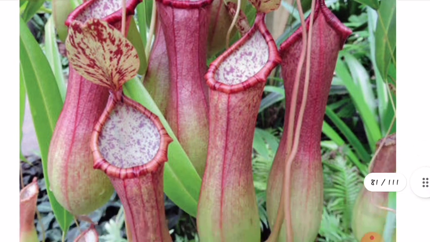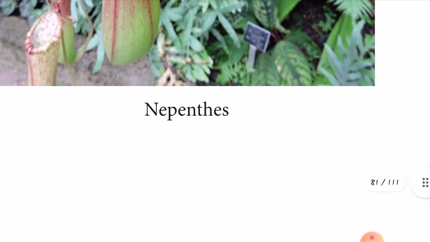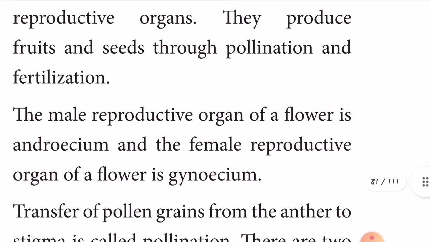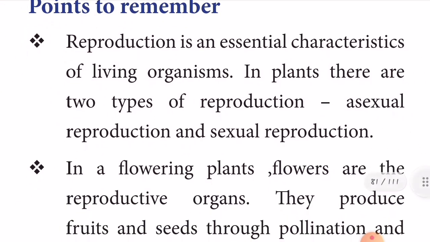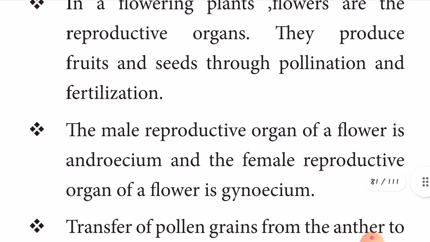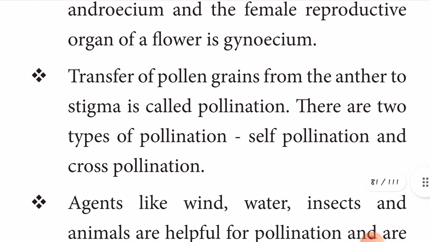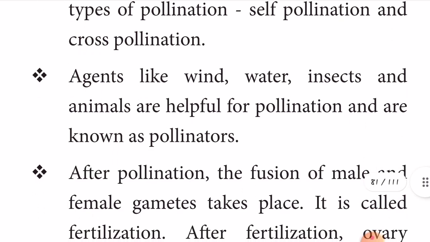Here the lesson is over, children. Now let's move to the points to remember. Already different definitions are given: reproduction, sexual reproduction and fertilization, gynoecium, male reproductive part, and then two types of pollination, self-pollination and cross-pollination. The agents, what are the agents?